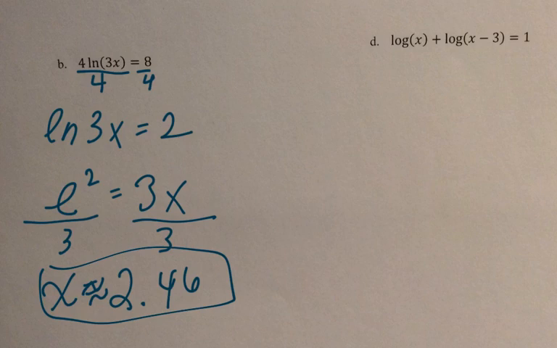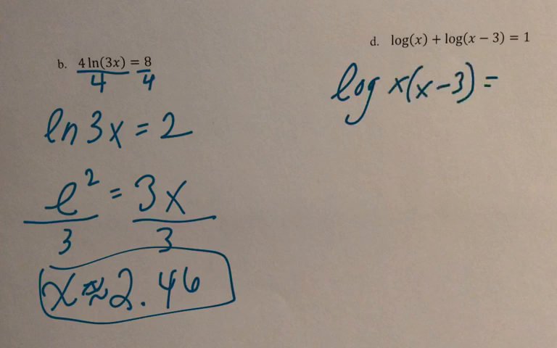Again, we're going to combine these, so I end up having log of x times x minus 3 equals 1. Rewriting that, I get 10 to the 1 equals x squared minus 3x. That looks very familiar. So 10 to the 1 is just 10. I'm going to move that over to the other side.